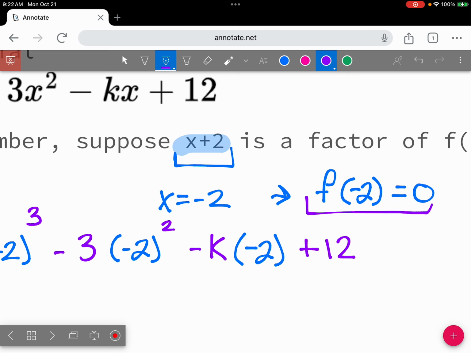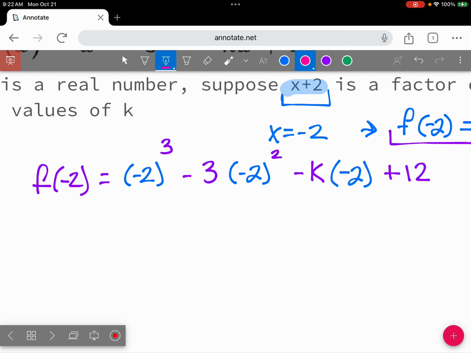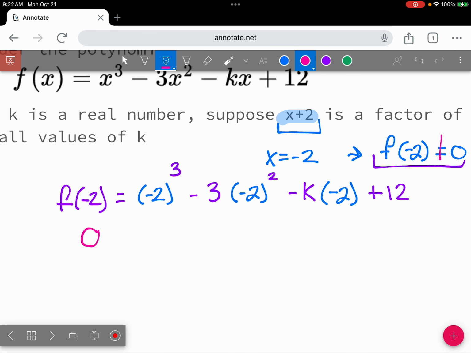I'm starting out by substituting in the x, just like we would if we were trying to evaluate f of negative 2. But the thing is, we know what f of negative 2 equals. I know this is going to equal 0 because that was the definition of that factor being a factor.